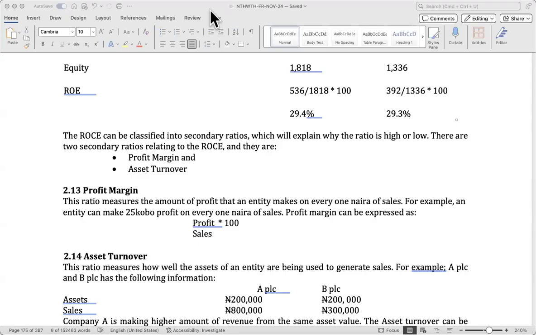So let's assume that I didn't teach you and you're in the exam hall. Cost of sales ratio is actually a profitability ratio. So what formula do you think you can use to get cost of sales ratio? Can you guess? It was a compulsory question, so it was number one.